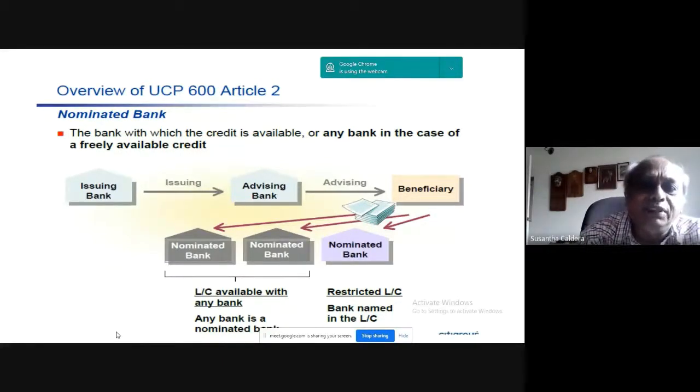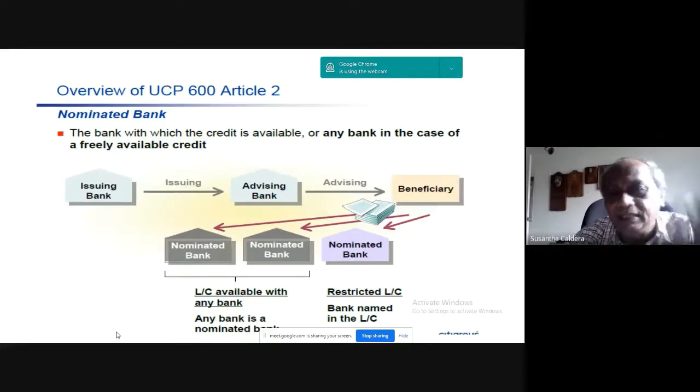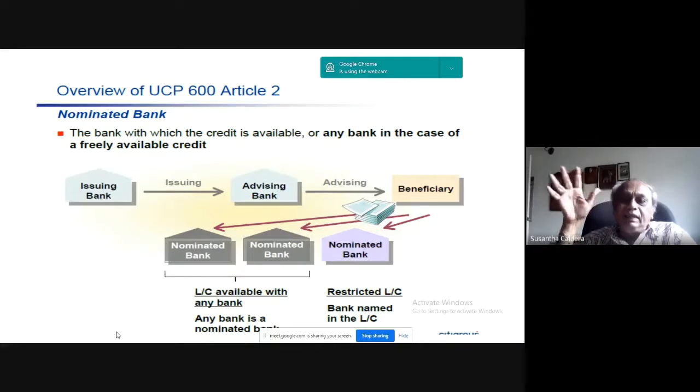When the issuing bank issues the LC, they send it to the advising bank, and the advising bank will advise the beneficiary. Then, if it is freely available, okay. If they have nominated Sampath Bank as a nominated bank, then they have to bring the documents to Sampath Bank, a restricted bank, and that bank is named in the LC.